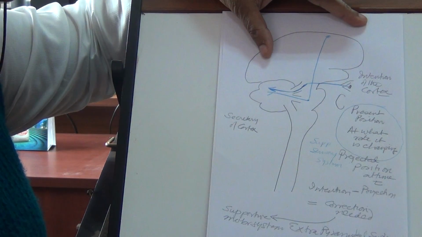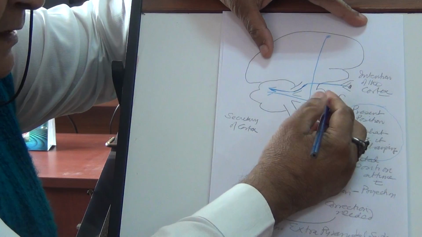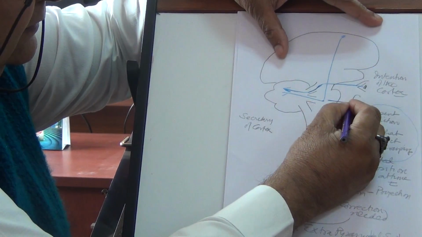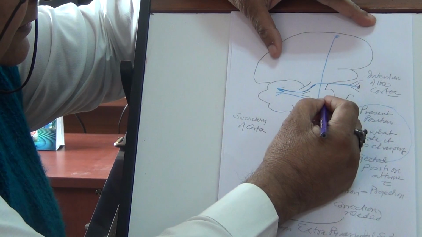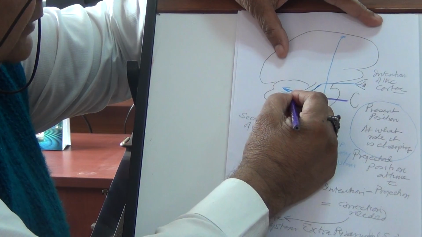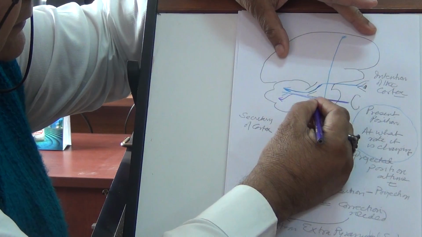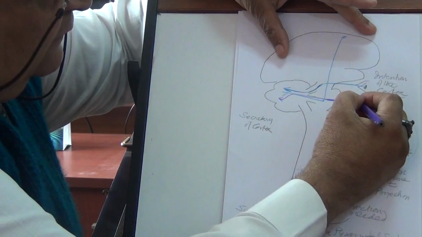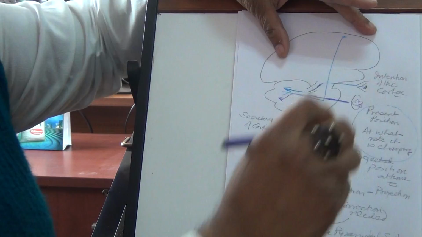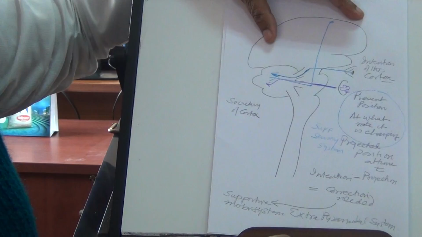This information goes through the pons, through the vestibular nucleus, and it is the vestibulocerebellar pathways that convey the information from the semicircular canals of the internal ear as to what is the present position of the head and at what rate it is changing.